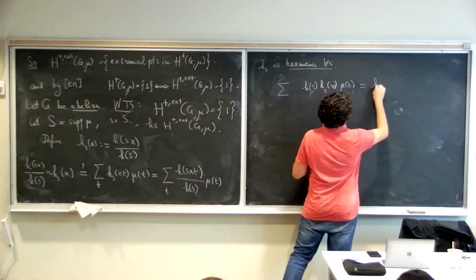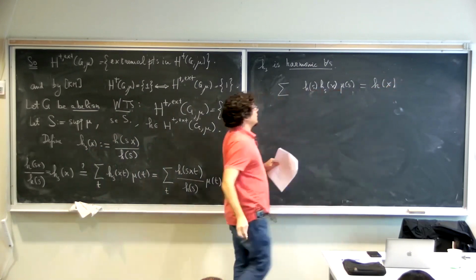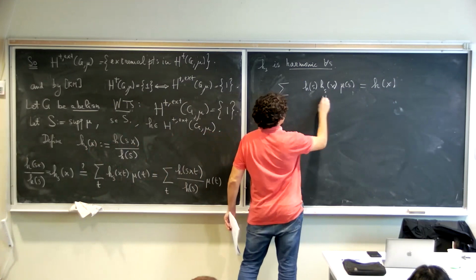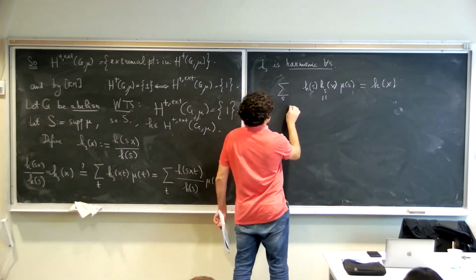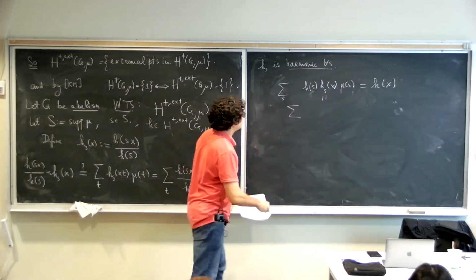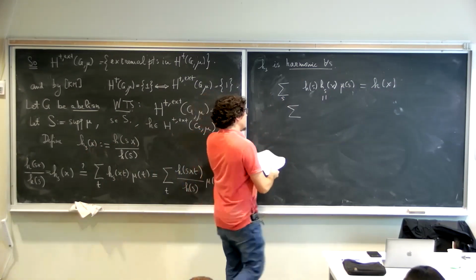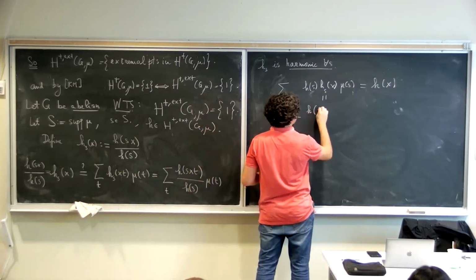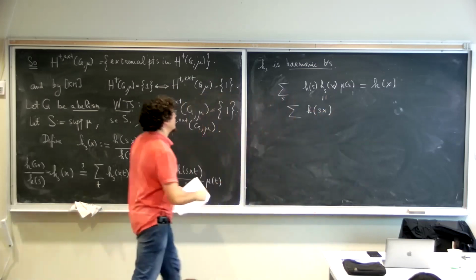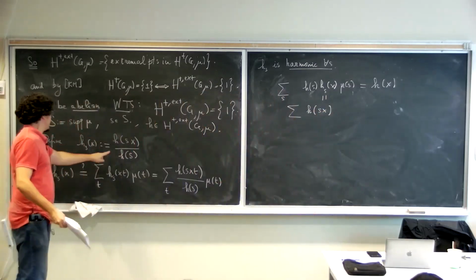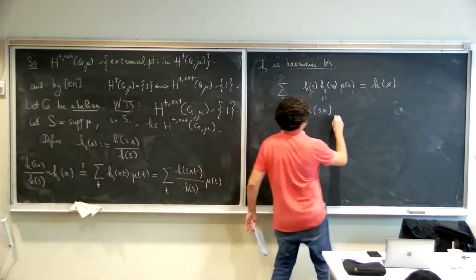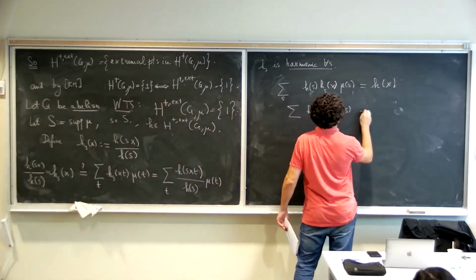This is H of S. So why is that? Let's see. So this one is, again, H of Sx times mu S, and now here we're using the abelian condition.